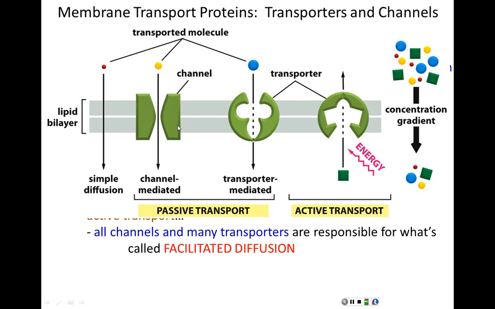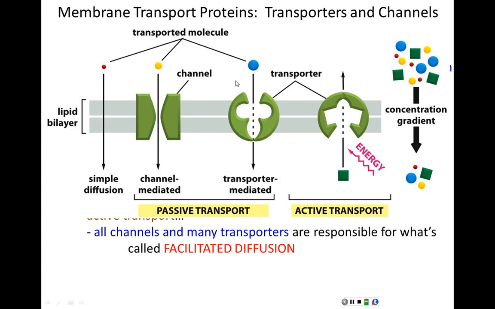That's why we call it facilitated diffusion. Is it diffusion? Sure is. Molecule is going from high concentration to low. The reason why it's facilitated diffusion is because that diffusion had to be facilitated. What's doing the facilitation? The channel. Channel's providing a point of entry where the molecule can follow its natural concentration gradient.